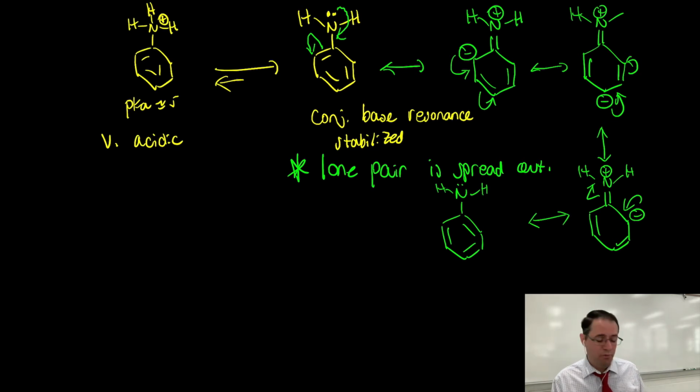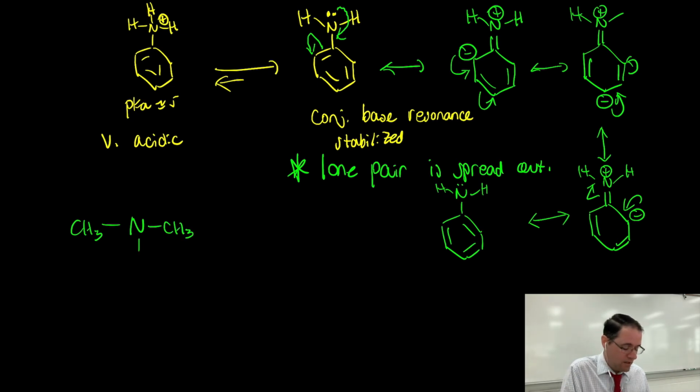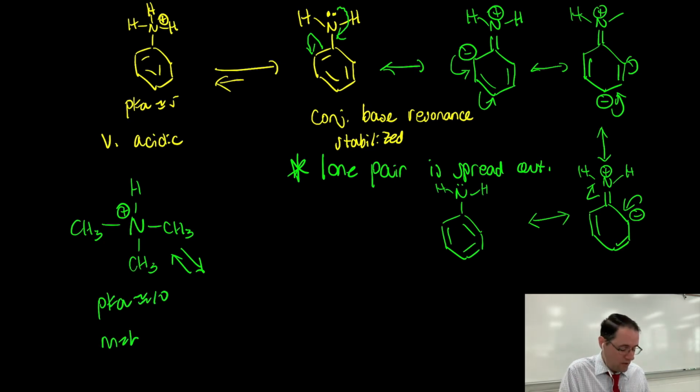So whenever you have lone pairs and an amine that are resonance delocalized, that makes the conjugate base side of the equation so much more stable, and the equilibrium constant is going to lie towards the right, which means the acid is less stable, or it's more acidic, or it has a lower pKa. If you look at this guy here, okay, and this guy here, let's say we deprotonate this pKa is about 10, and this one's like, you know, not very acidic.